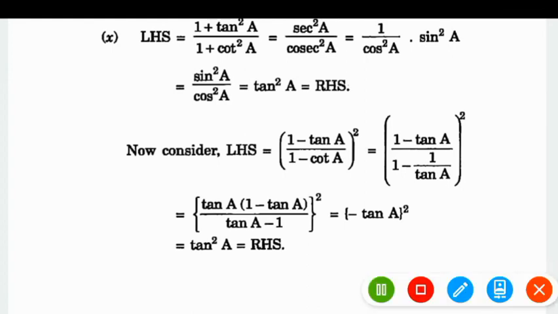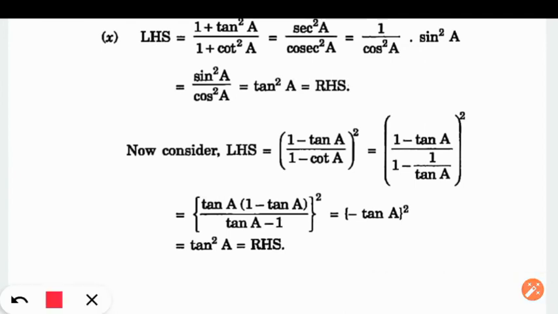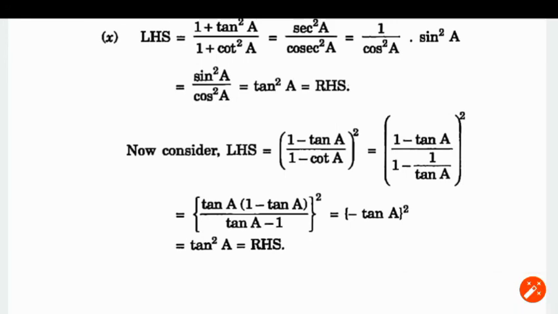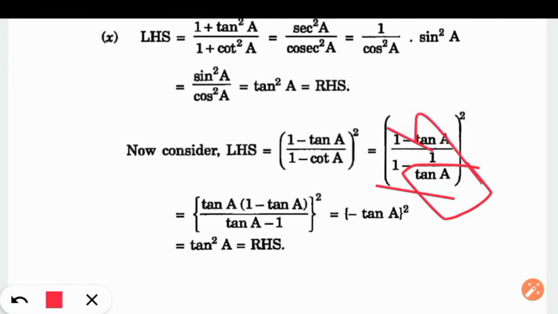Now consider this one. We need to convert this into tan only. So what will we do with this cot? In place of cot we can write 1 by tan. In the numerator take the LCM. Tan A is the LCM, and after taking LCM tan A, it will multiply with the numerator. It will become this.